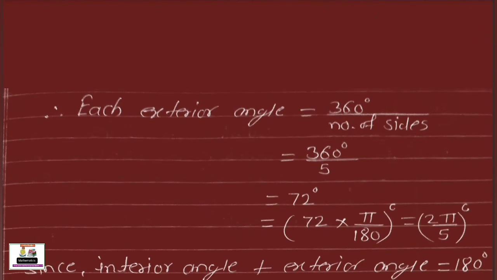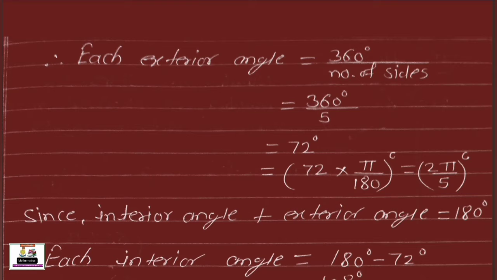Then again, each exterior angle formula is 360 divided by the number of sides, and we know the number of sides is 5. Then each exterior angle is 72 degrees. Here this is in degrees, convert into radians, then we get 2 pi by 5 radians.